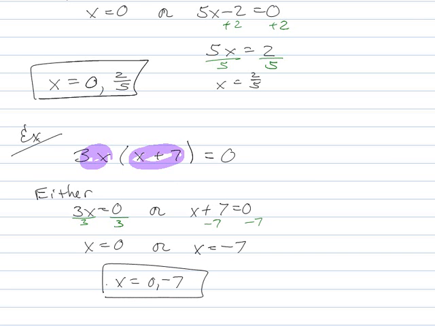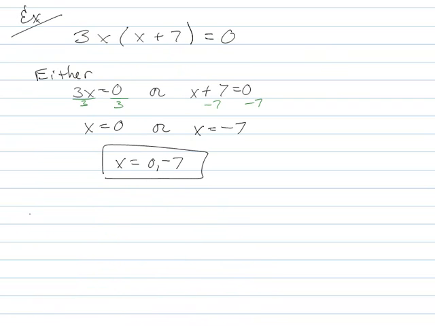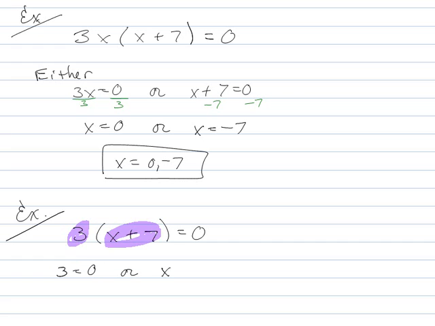Okay. Now, I just did it this way because it makes the most sense. Well, to me, there's another thing that can come up. What if instead of 3x, it said 3 times x plus 7? This might seem a little weird, because what you could say is, okay, so that means either 3 equals 0 or x plus 7 equals 0.